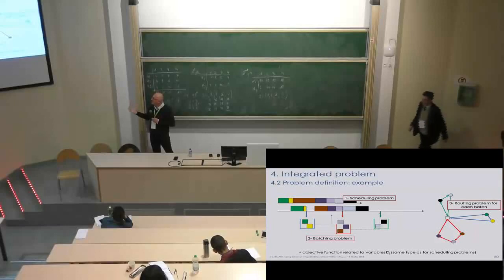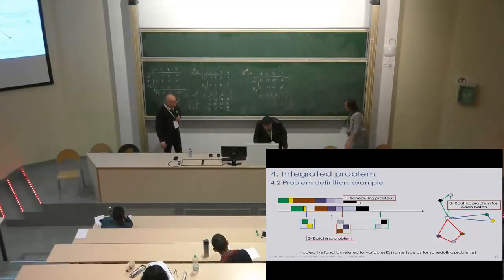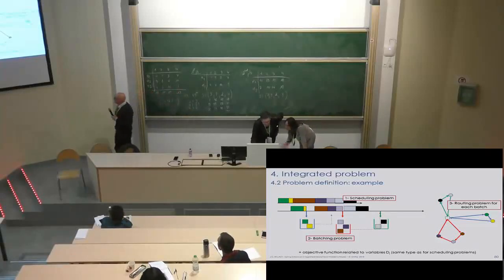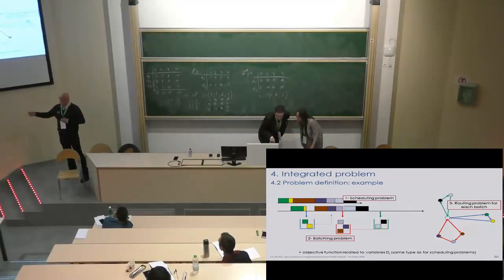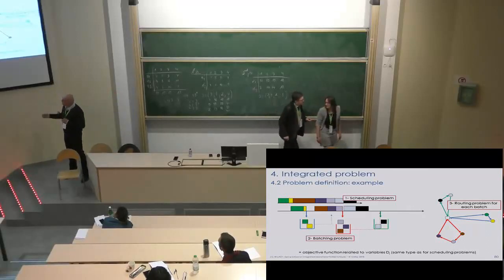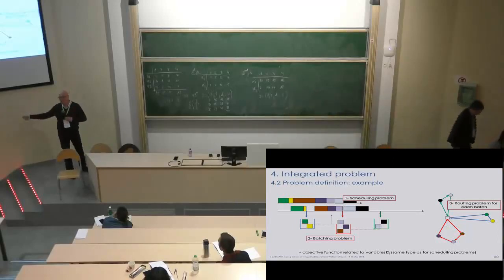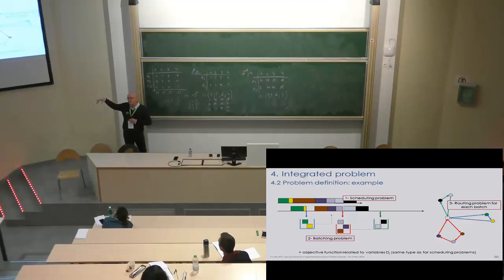So in this sense, it's an integrated problem. And we have to solve these 3 problems in order to minimize one objective function related to the delivery dates. It can be the maximum delivery date, it can be the sum of delivery dates, the sum of tardiness, the maximum tardiness, etc., as we define for the scheduling problems.